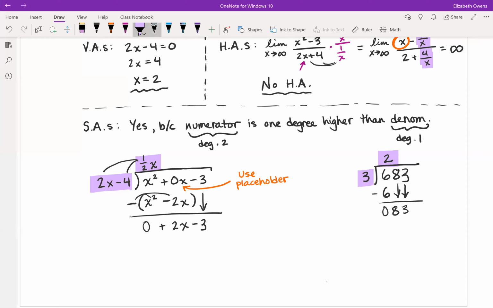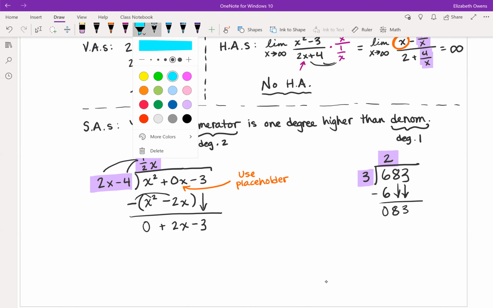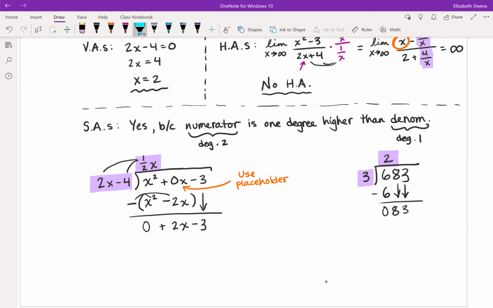And now let's go back to our long division with numbers. Your next step over here would be saying, okay, how many times does 3 go into 8? And we would say that goes in twice.